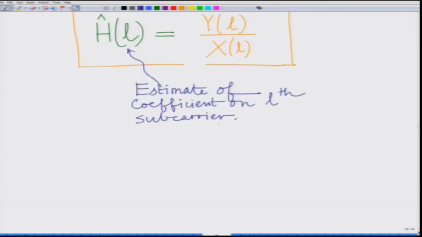All right. So, we are saying h hat L equals Y L, the received pilot symbol on the Lth subcarrier, divided by X L, the transmitted pilot symbol on the Lth subcarrier.